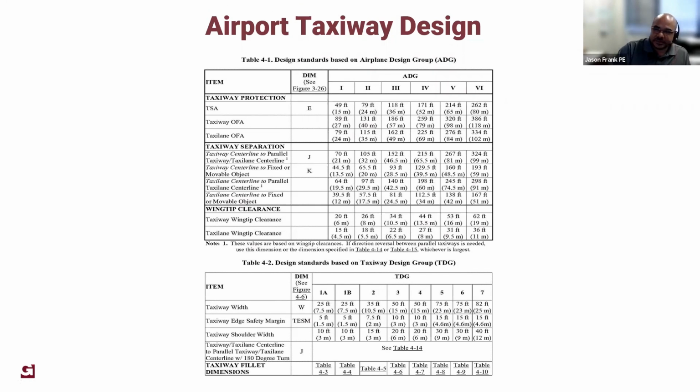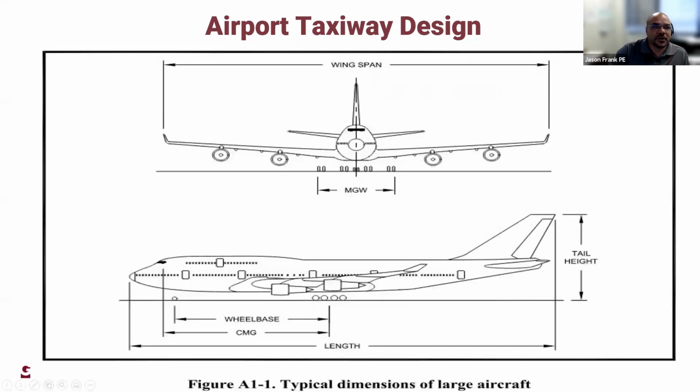That's when you get into your Love Fields, your DFWs, your El Pasos, your Bush airports. Most of the time these airports will be around the 75-foot mark for the width of the taxiway. And that's based on the gear configuration that we had in this drawing here.